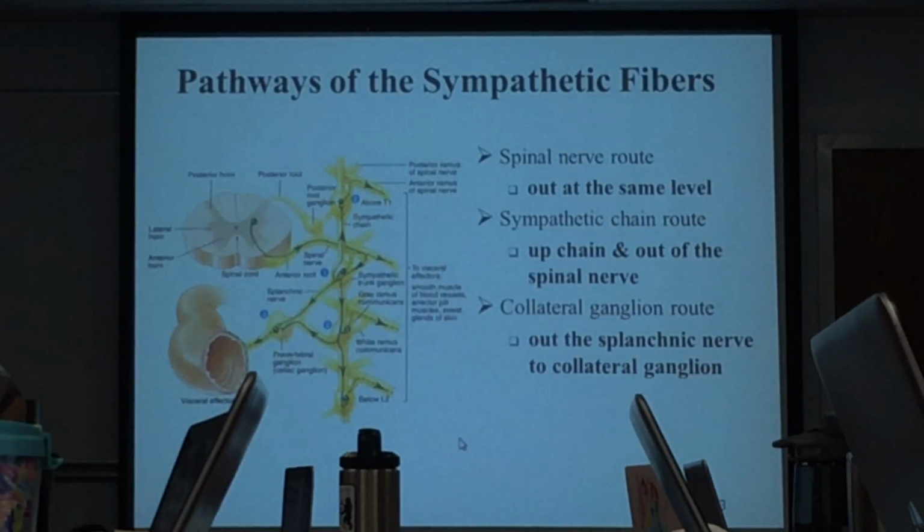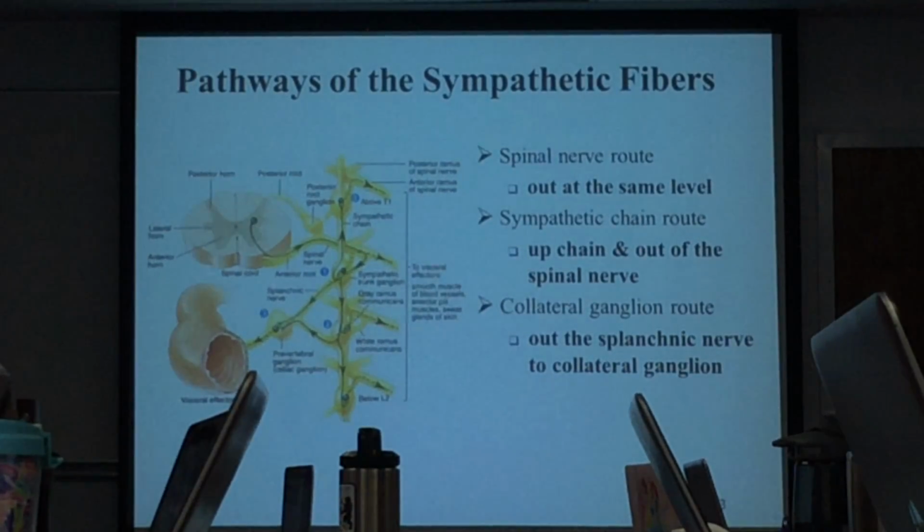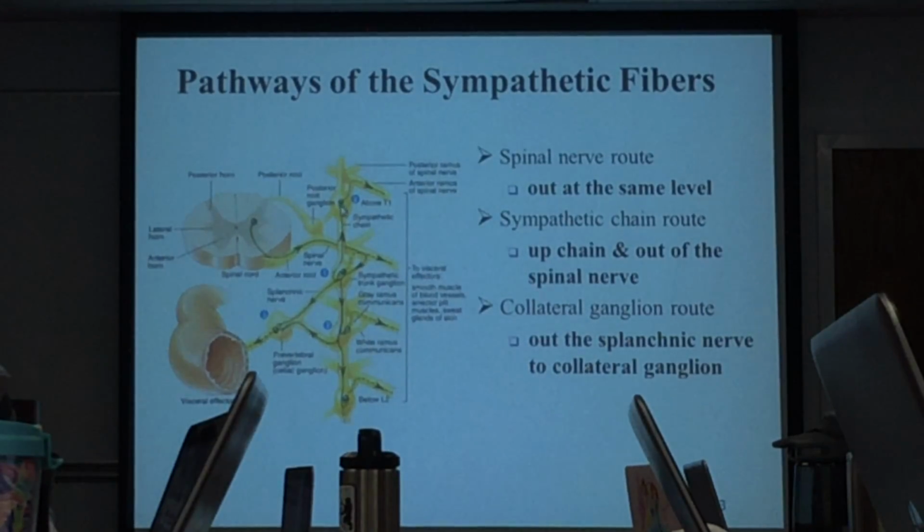The sympathetic fiber projection can be categorized into the following three. I don't know how much you can see. You have neurons originating from the spinal cord that project here into the second neurons, and then the postganglionic neurons innervate the organs.